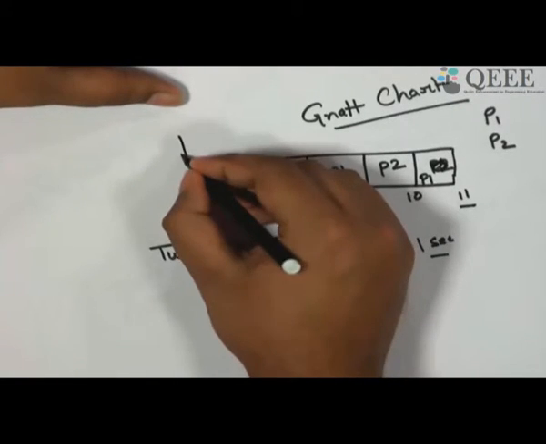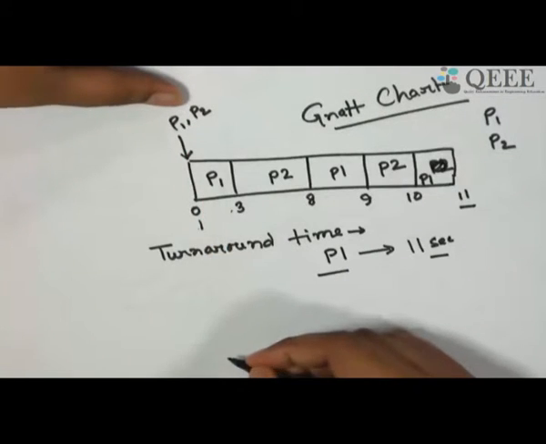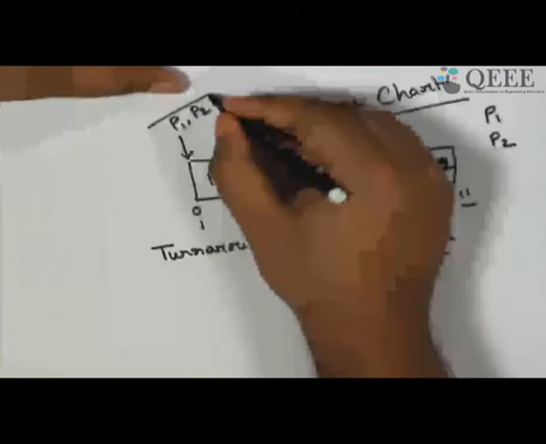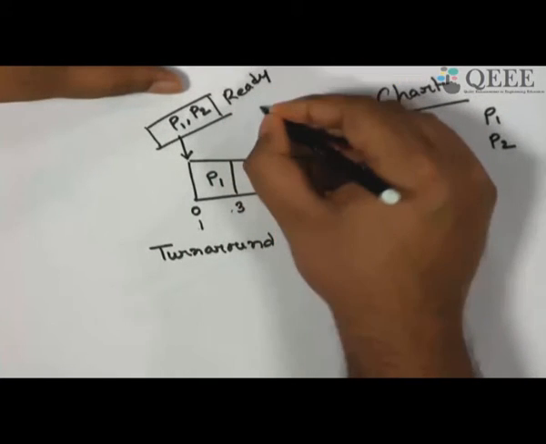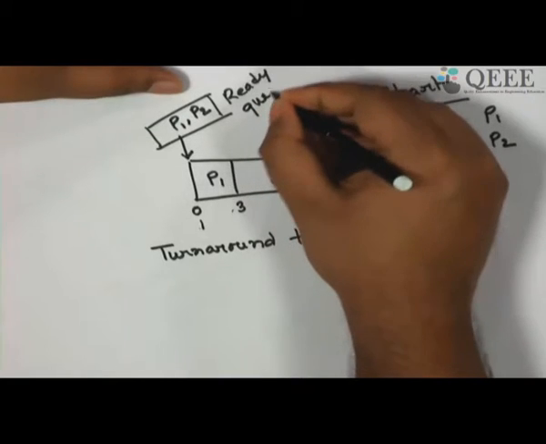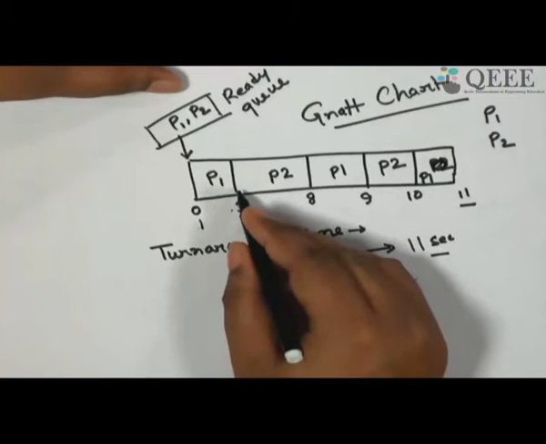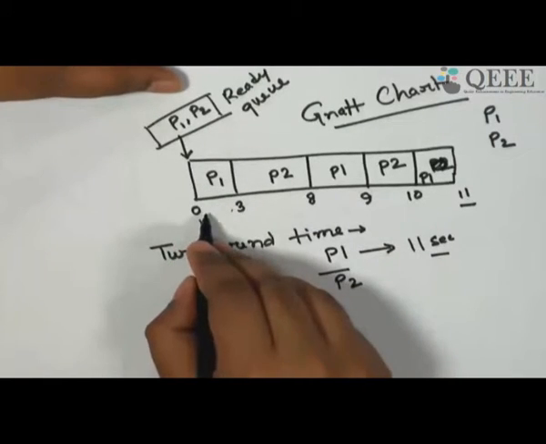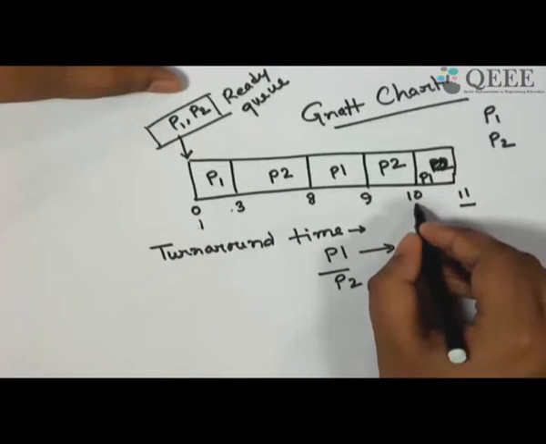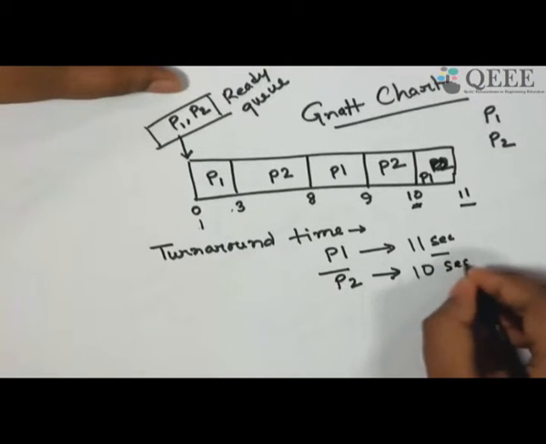Assume that both processes were available at time instance 0, so at time 0, both processes were in the ready queue. Then P2 was in the ready queue at time 0, and its execution completed at second 10. So the turnaround time for P2 is 10 seconds.